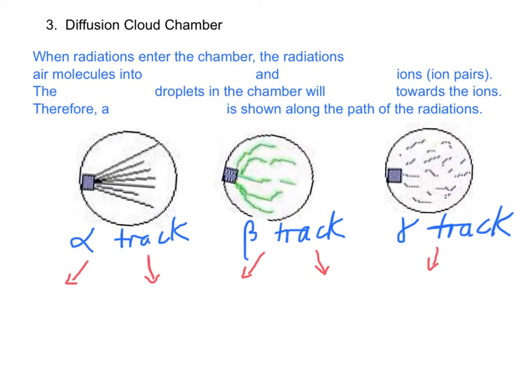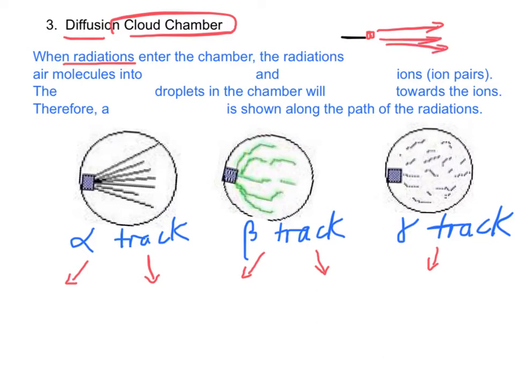The third kind of radiation detector is called diffusion cloud chamber, or just say cloud chamber. When radiations enter the chamber, these radiations will ionize the air molecules into positive and negative ions.